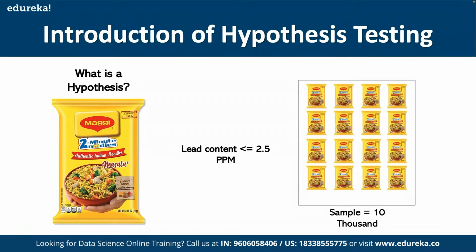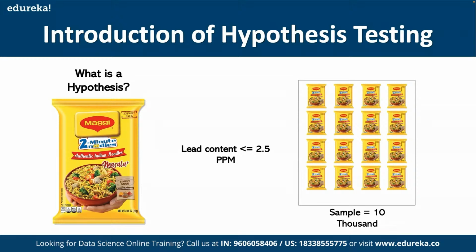Now think about testing lakhs and lakhs of products every day, going through each and every product and testing it. Obviously you cannot test each and every Maggi product produced by the Nestle company, because one, you will be using the entire stock in your testing. It will be a loss for the business, and it's not even recommended. Think about 10 lakh Maggi packets that you have to test. How much time will it take? So obviously we cannot test each and every Maggi product.